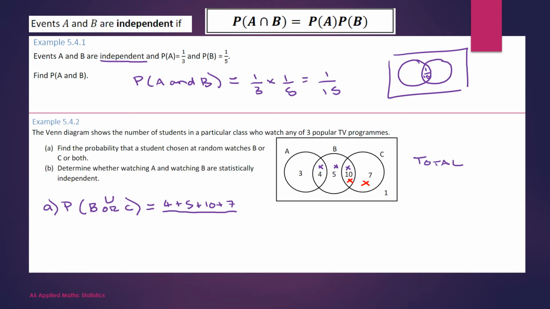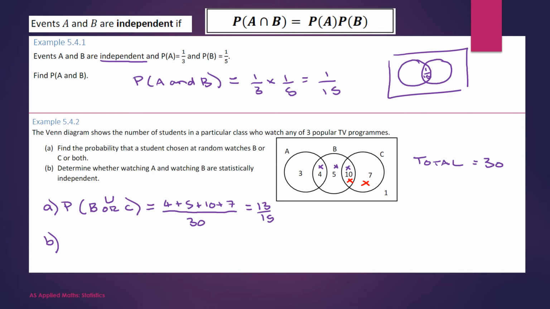Adding each of these up, we get a total of 30, so this is out of 30. When I add all of those together, I get 26 out of 30, which is 13/15.